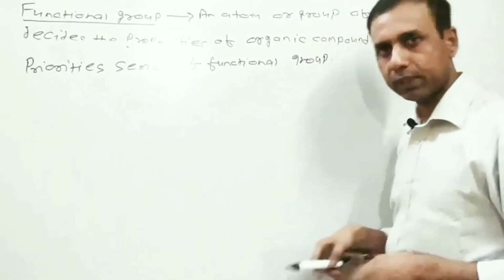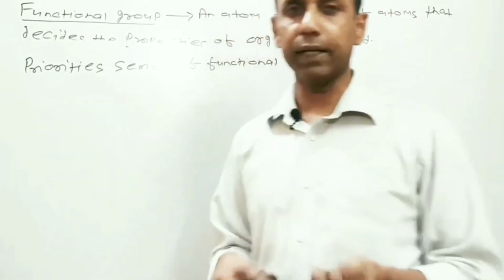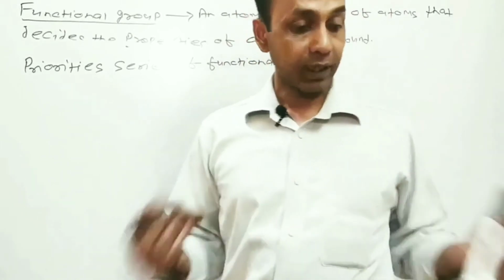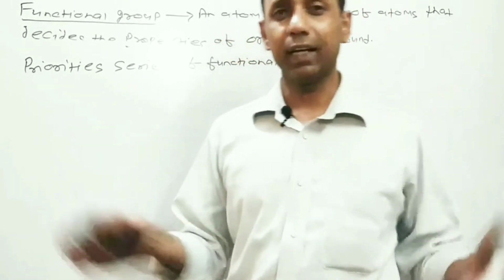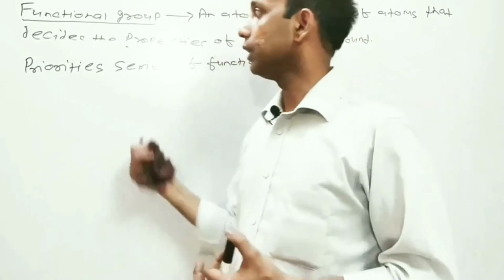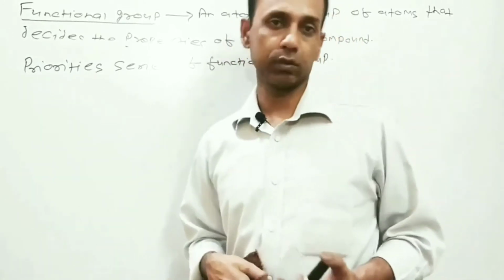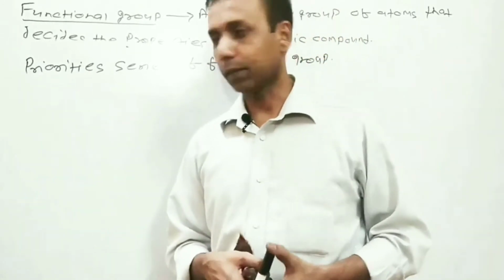You do know there are so many functional groups here like carboxylic, amine, ester, alkyl, halogen, and many more. But how they are used and what sequence is to be followed while naming, that is what I'm going to do. What are the functional groups that are used in the priority series?